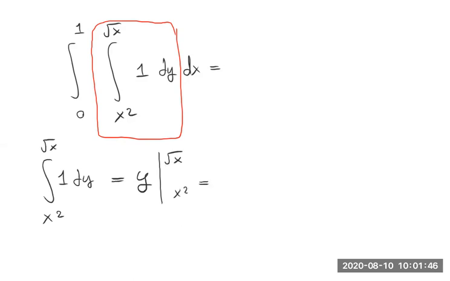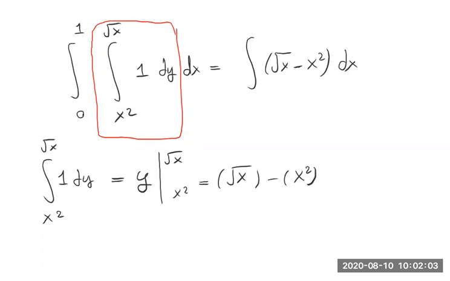So first, instead of y, I plug in square root of x, then instead of y I plug in x squared, and I subtract them. So it's square root of x minus x squared. Then I should take the integral with respect to x and plug in these numbers.